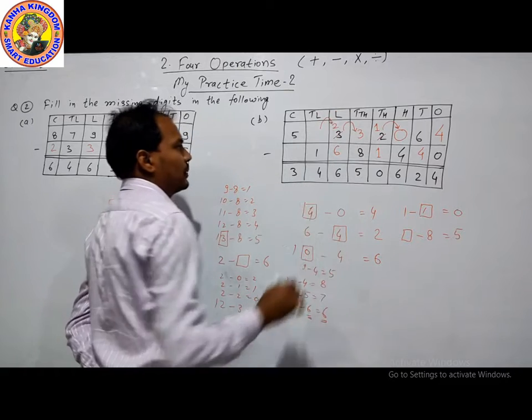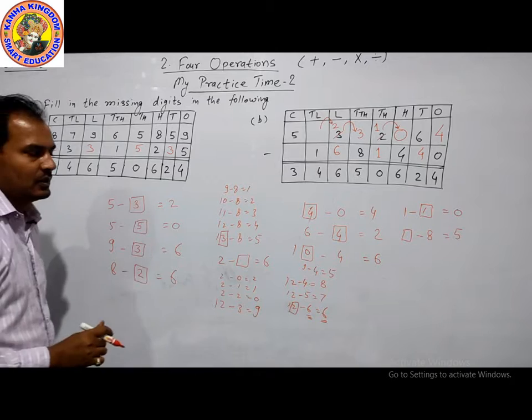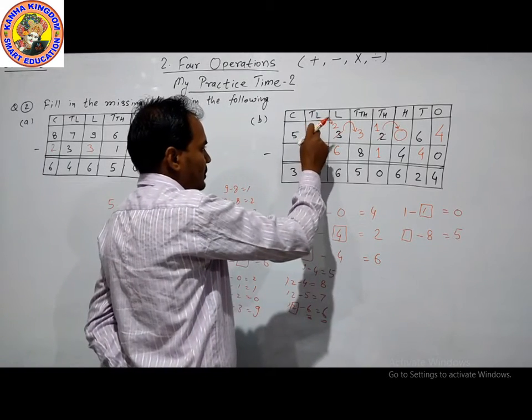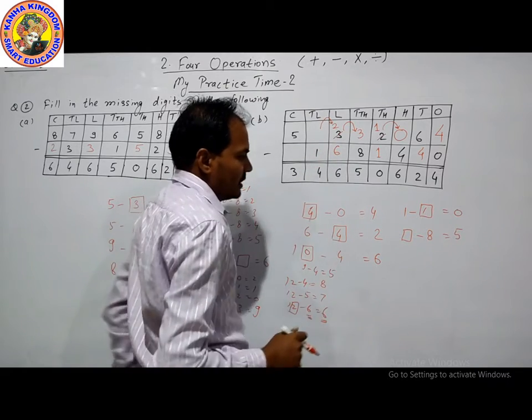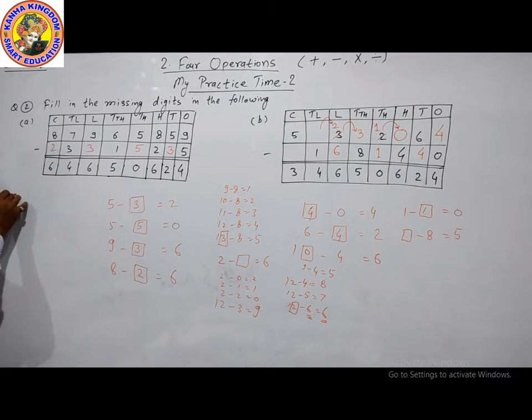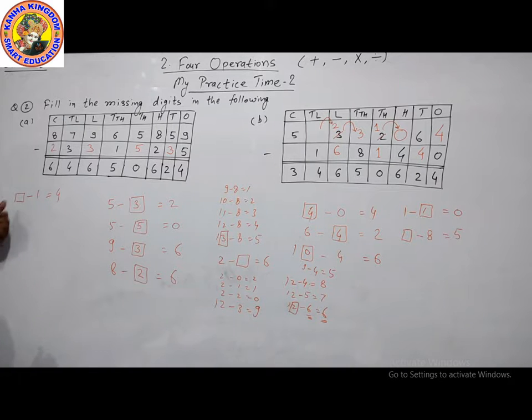We take a borrow point from here. Now the next one, here is a digit. Digit minus 1 is equal to 4.